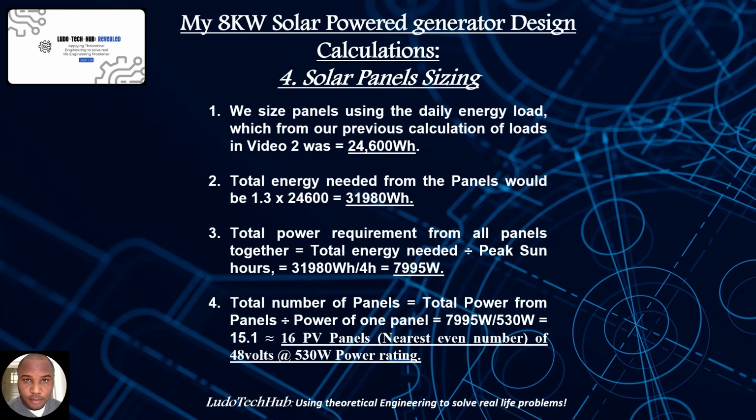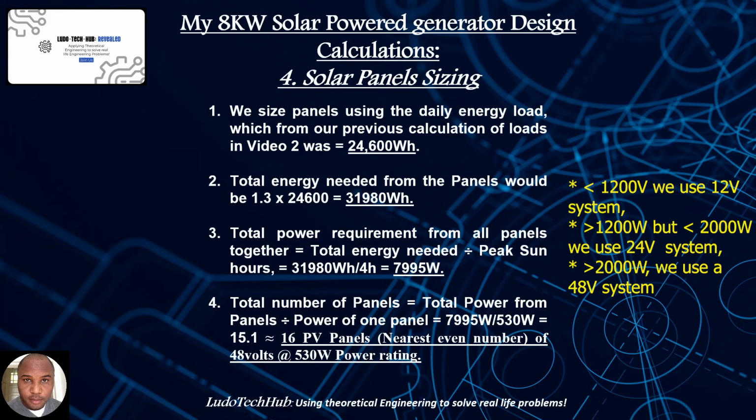Now remember, when we selected our inverter, we selected a 48 volt system. We gave 3 different conditions based on our total power requirement per day. If it is less than 2,000 watts, you use a 12 volt system.